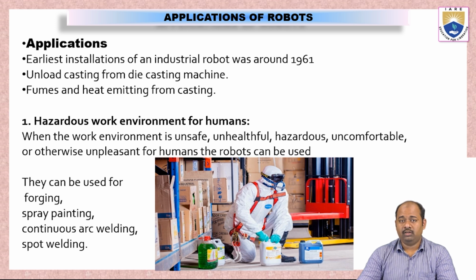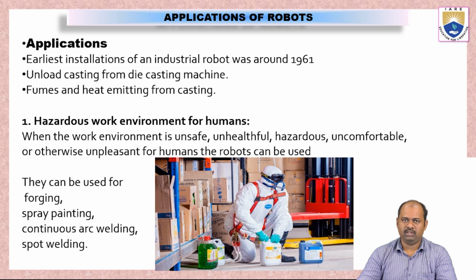Then it was used for removing the cast objects from the die cast. We know the process of casting. Casting process is where we convert molten metal, and this molten metal is poured into a mold cavity where it gets solidified and is converted into a solid form of the required shape.